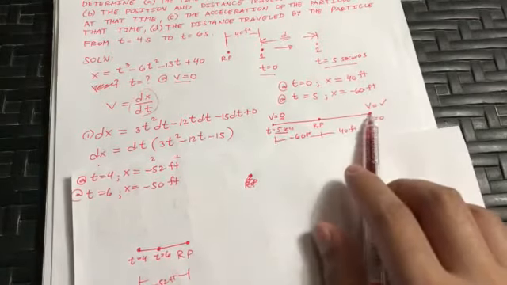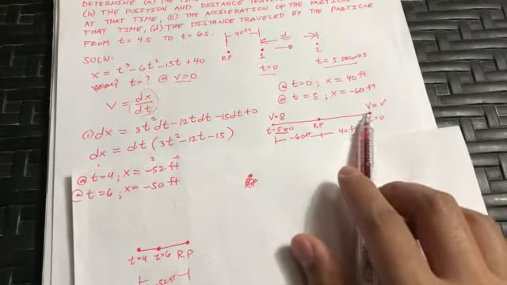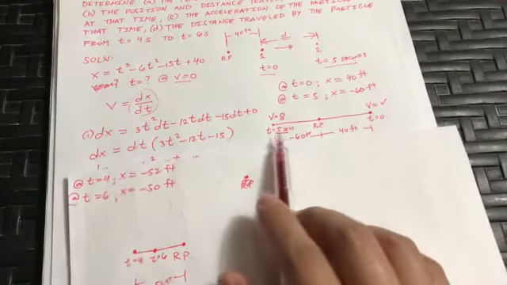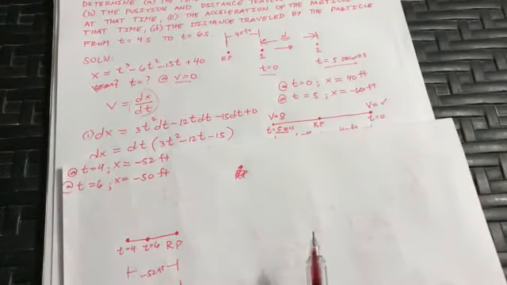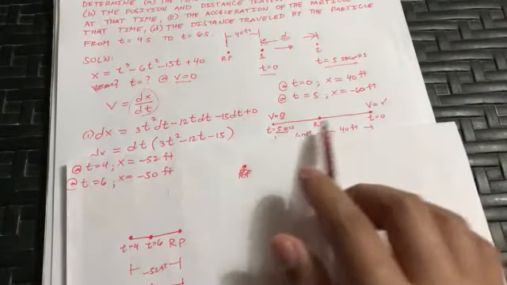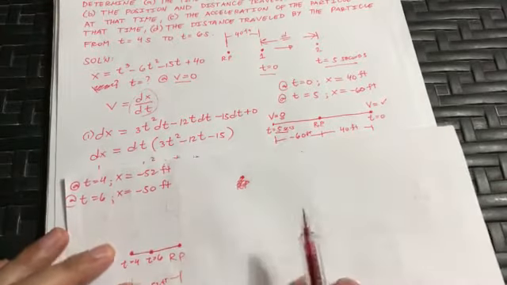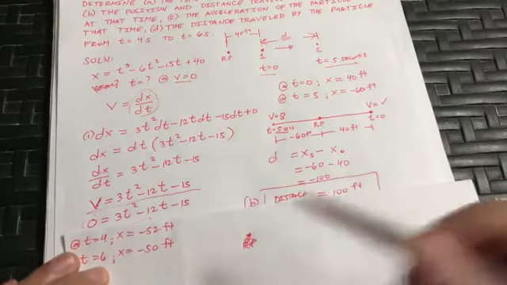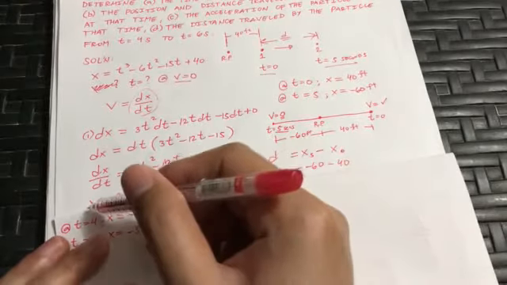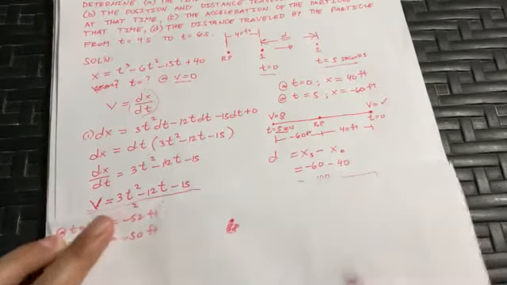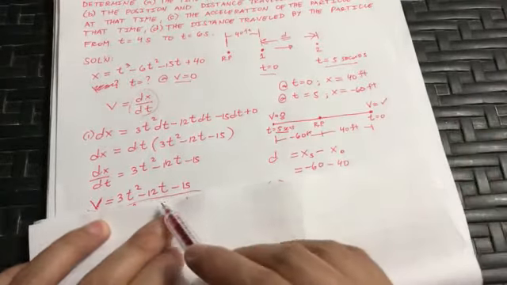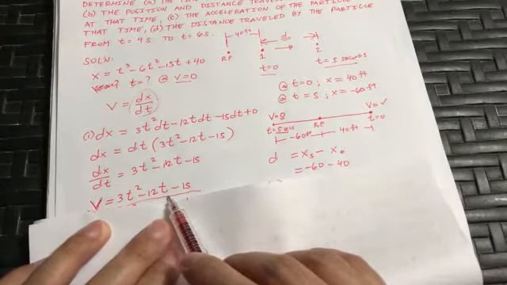Now, of course, the direction was the same from time 0 to time 5 seconds. Now, how do I say that the direction is constant within that time? When we solve, this is the equation for the velocity, by the way. So this one, this is the equation for the velocity.